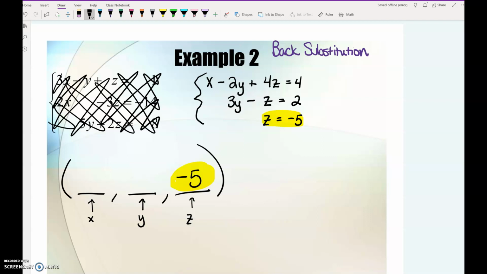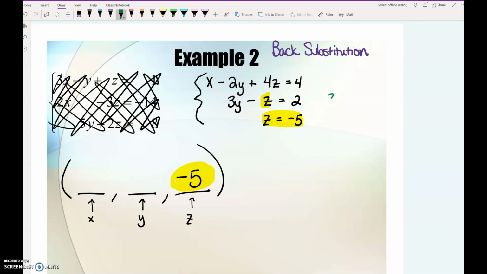Back substitution means take the variable that you know, substitute it into another equation, figure out a second variable, and then substitute both of those into a third equation to figure out the third variable. So if we know that z is -5, we can put that -5 in place of the z right above it and then figure out what y is.